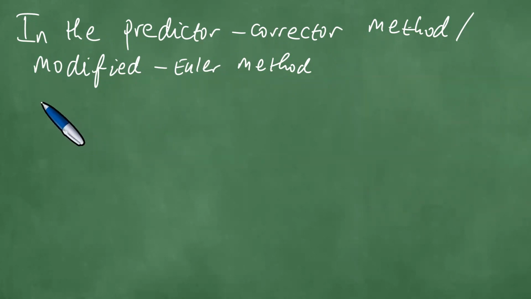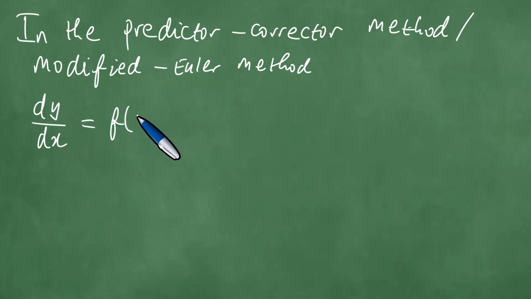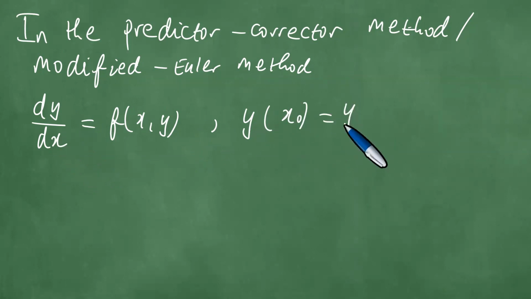If you have a differential equation like this, with a y and an x, you start with x and then y. We always have initial values, so there is a value given where y(x_0) equals some y_0. Right, so there is the predictor.